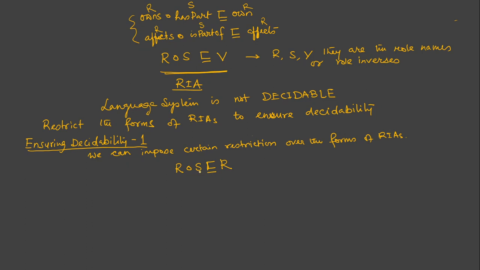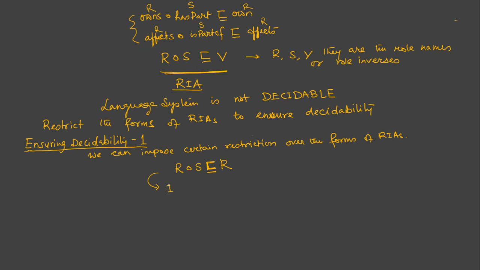This is the restriction that we are imposing on the form of RIA to ensure decidability. I will not talk about the proof for this, because that will get into a very involved analysis, but we'll just take the result from the description logic research community that this form will ensure decidability, right?